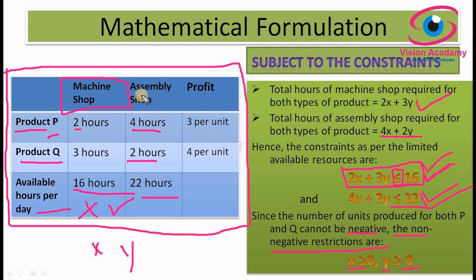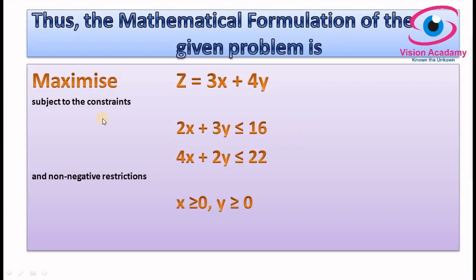Okay, so the final mathematical formulation of this problem could be this. We have formulated Z to maximize. This is the objective function, and subject to the constraints we just formulated in the earlier slide, and non-negativity. If you want to know how it comes, I will show you.